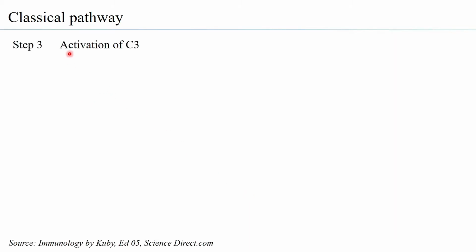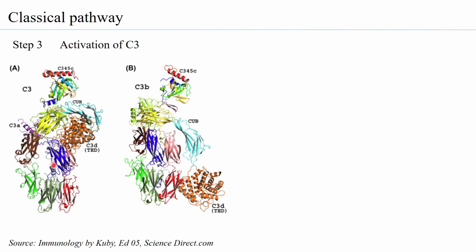The next step, as we mentioned, is activation of C3. C3 is made up of two polypeptide chains, alpha and beta. And in fact, the C3 convertase, which means the C4b2a, is able to cleave the C3 so that the C3a is released. Again, C3a is a small part at the end terminus of the alpha chain of the C3.